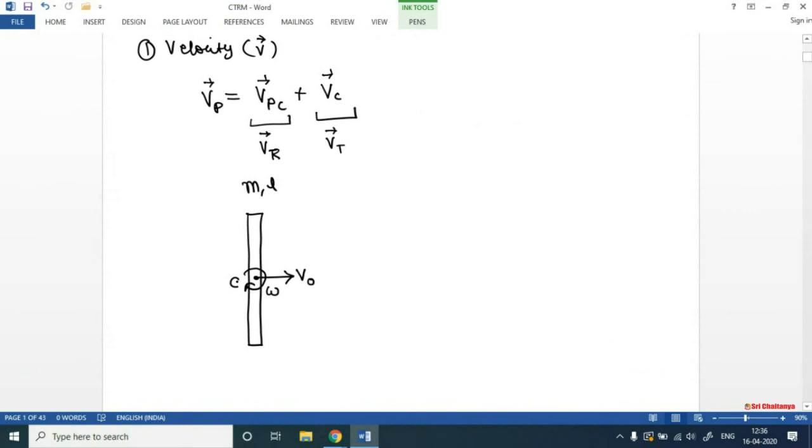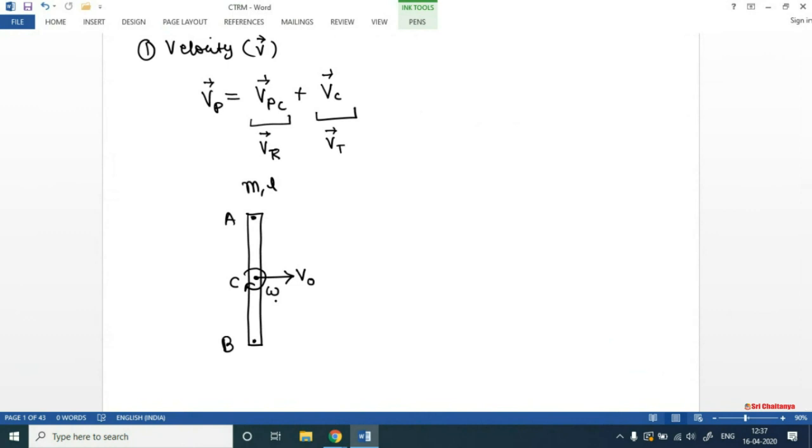If we know these two things, we will be able to find the velocity of any point on this rigid body. Let's say the topmost point is point A and the bottommost point is point B. In this combined motion of the rod, we are interested in finding the instantaneous velocity of point A as well as point B.